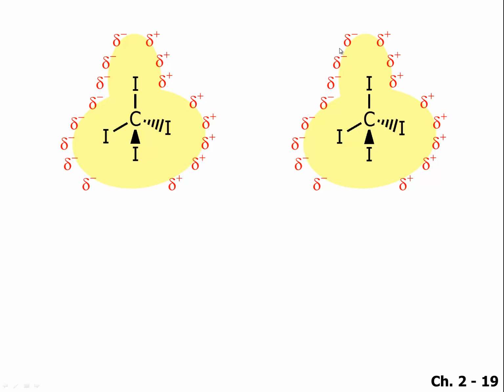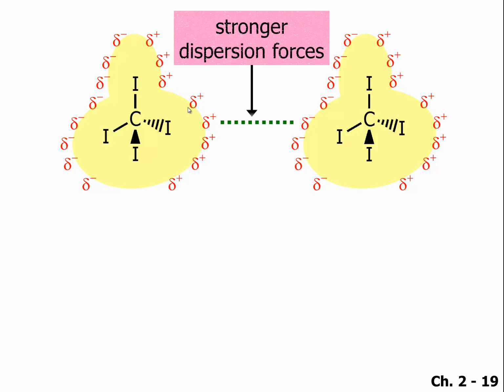So in the next door one, as there's less electron negativity on this side, the one next door is going to be influenced by that. And because this one is influenced, there's going to start to be this attraction just for a moment between the two. So iodides are very large. They have large orbitals, and of course that's why they're more polarizable. So here we've got nice, strong dispersion forces.